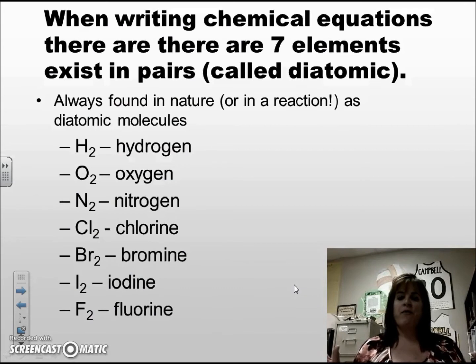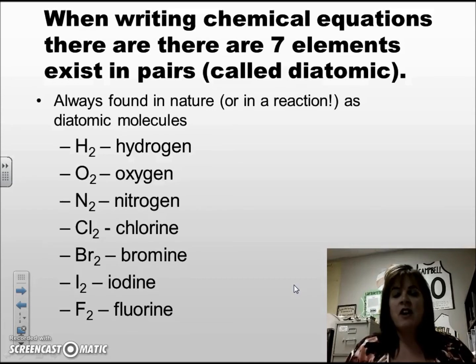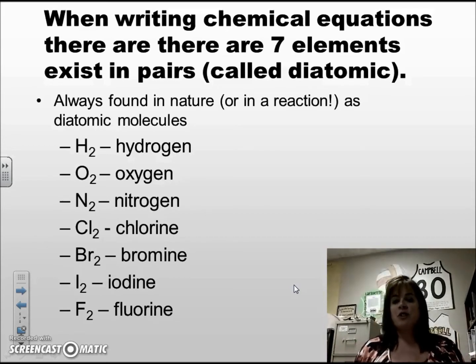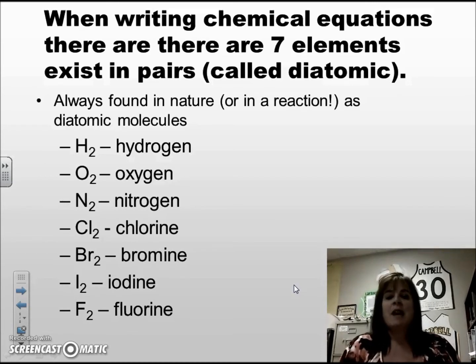Now, one other thing before we talk a little more about some chemical equations is when you write a chemical equation, there are certain elements which always are found in pairs. So when we write them in a chemical reaction, if it says hydrogen, we don't just write H, we write H2. These are called diatomic molecules, and there are 7 of them.